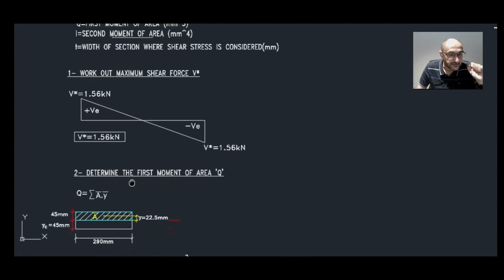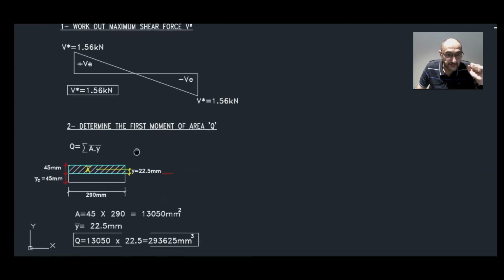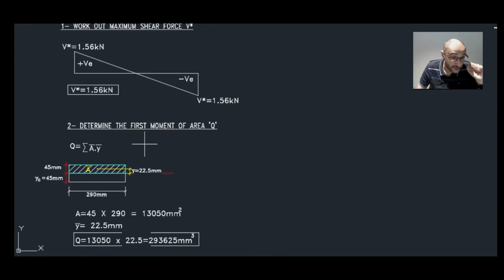Now the second step is to work out the first moment of area. The first moment of area is simply the sum of A bar multiplied by Y bar.